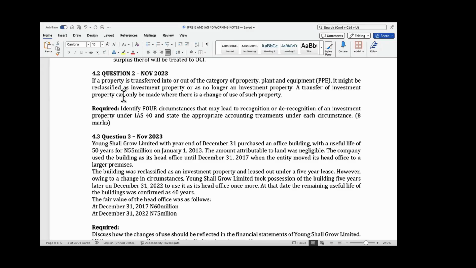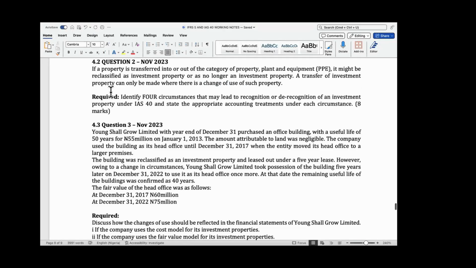A transfer of investment property can only be made where there is a change of use of such property. Required: identify 4 circumstances that may lead to recognition or derecognition of an investment property under IAS 40 and state the appropriate accounting treatment under each circumstance.